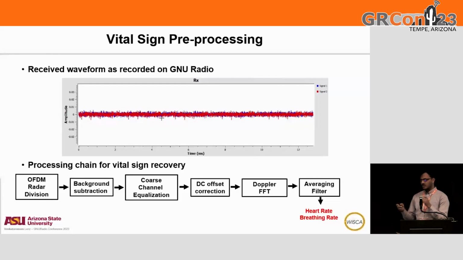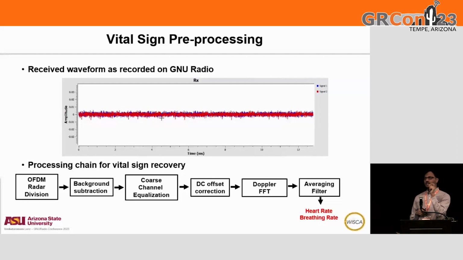And after that, we do some coarse channel equalization so that the noise is further reduced. The next block is, I call it DC offset, but it's more about the time-varying range offset correction that you do. And after that, the Doppler FFT and an averaging filter so that the noise is reduced.